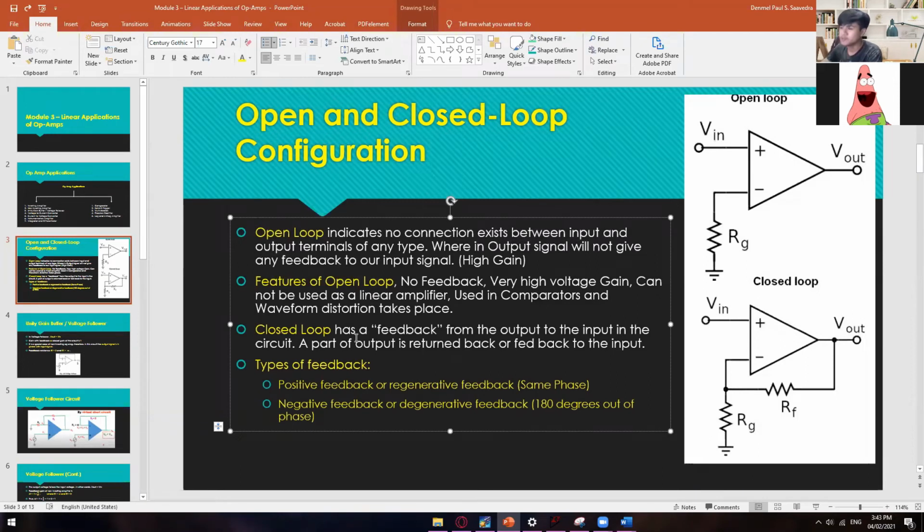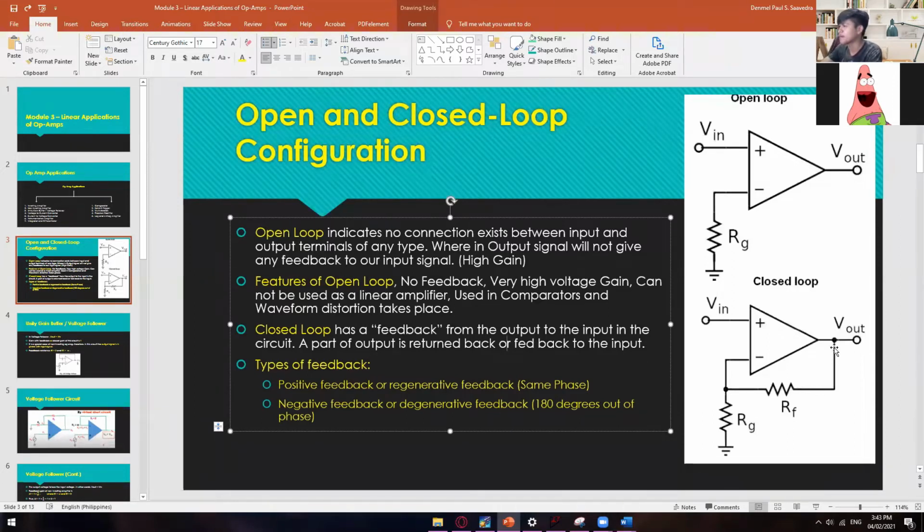And then for the closed loop, it has a feedback. It's completely the opposite of the open loop, wherein it has a feedback resistor, as you can see right here. We have the RF from the output to the input of the circuit. So a part of the output is returned or fed back to the input.